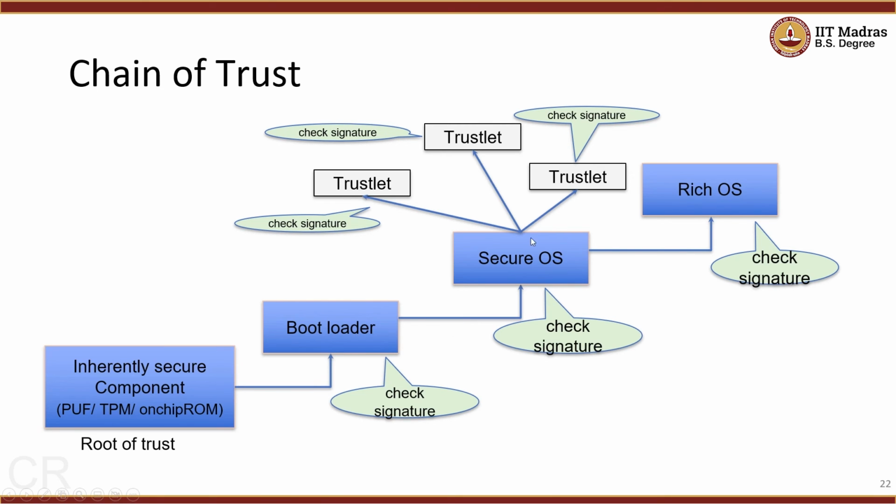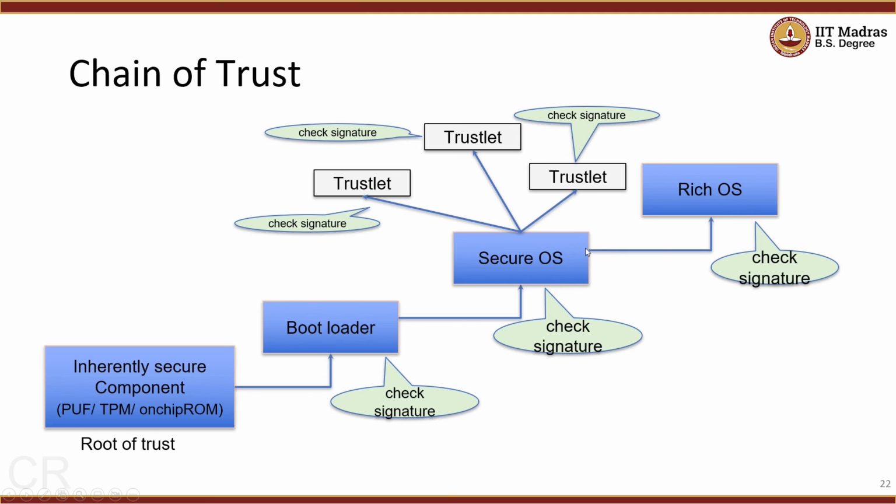The signature for the OS is validated using keys which are stored in the root of trust or the bootloader to ensure that the footprint of the secure OS is indeed correct and not tampered, right? So once this is done, your secure OS, which runs in the trusted environment in the secure world, starts to execute.